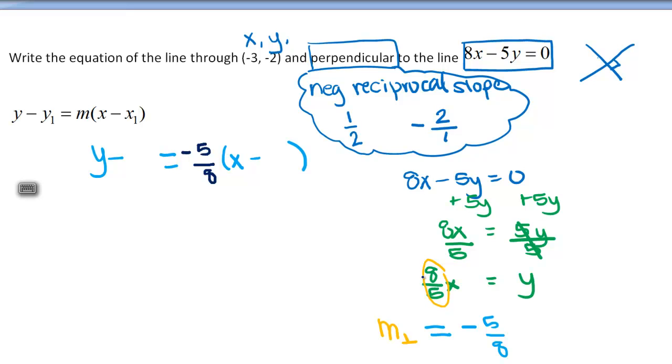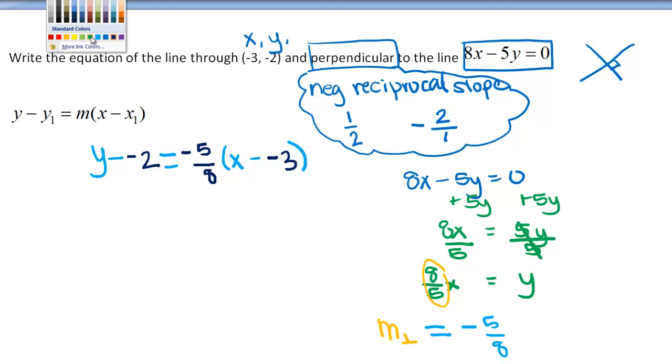Since this slope was 8/5 and positive, I'm going to make this guy negative and then flip him. So he goes in my slope spot. Then I take my x1 and put it here. That's -3, which looks funny because it says minus -3. And this -2 goes here, minus -2.